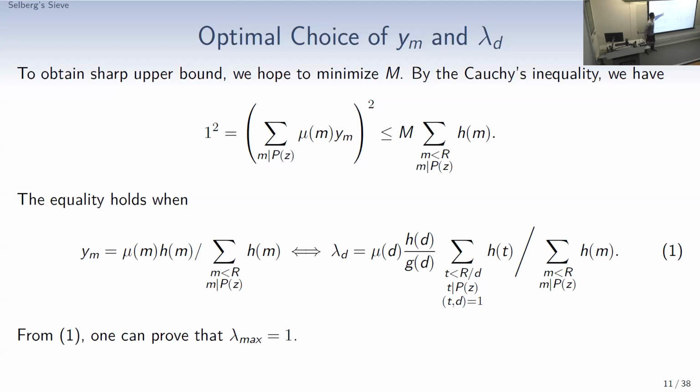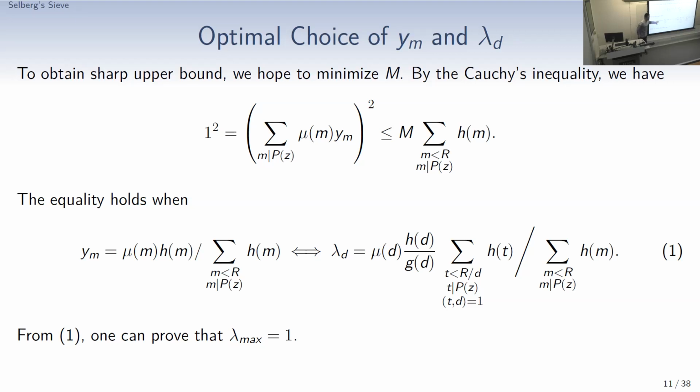And if we square this term, we can apply some Cauchy-Schwarz inequality to give an upper bound for the sum. One term on the right-hand side of the inequality turns out to be the main term, and the other term turns out to be some new sum over a certain function. By picking y carefully, we see that this inequality becomes an equality if we choose y_m in this form, where this is the division symbol on the denominator.